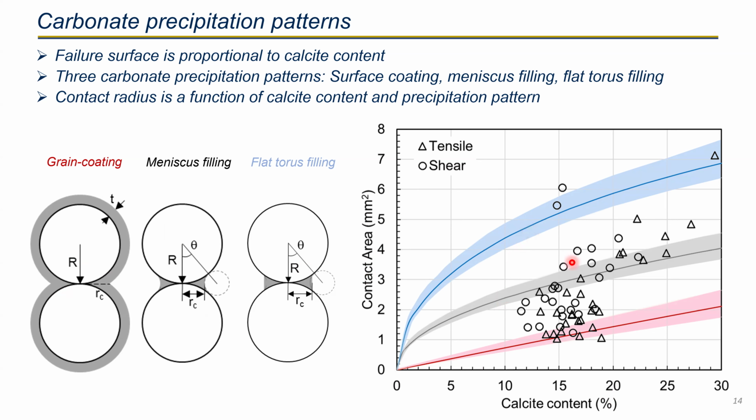From this data, we can say that at the lower cementation level, the calcite precipitated following the grain coating pattern, but at the higher cementation level, the calcite precipitated following the meniscus filling or the flat torus filling.